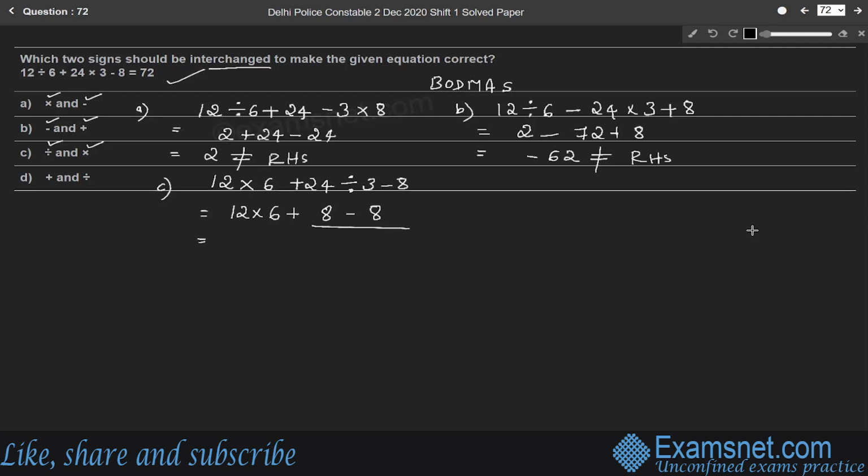So 8 and minus 8 is 0. 12 into 6 is 72, which is equal to RHS. Therefore, when division and multiplication signs are interchanged, the given equation will be correct. Only when these two signs are interchanged. Hence, option C is the right answer.